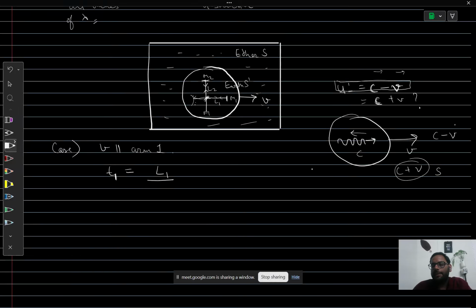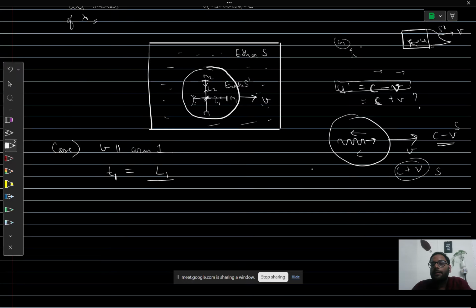You can see this from the train experiment also: if the train is moving with velocity v and a person is running with velocity u in the S prime frame, and this is my ground person, at rest.